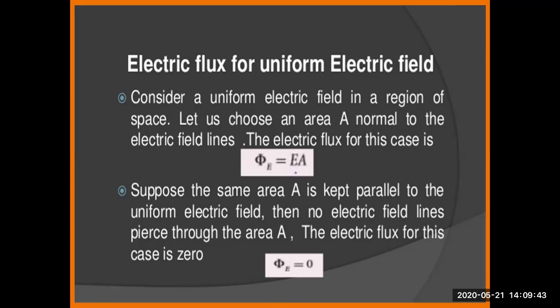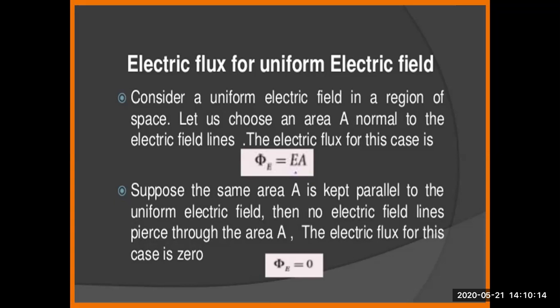They are passing above or below. So he is saying that suppose the same area is kept parallel to the electric field lines, not perpendicular. Then the lines run in the same direction as the plate and do not pierce through the area A. The electric flux for this case is zero.